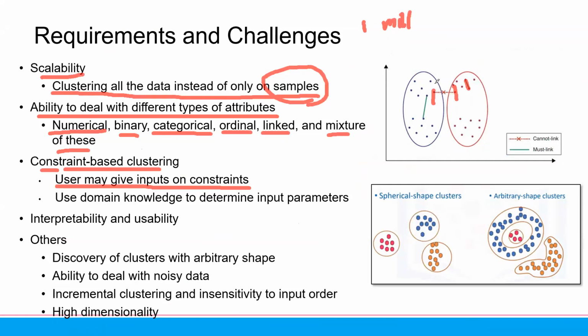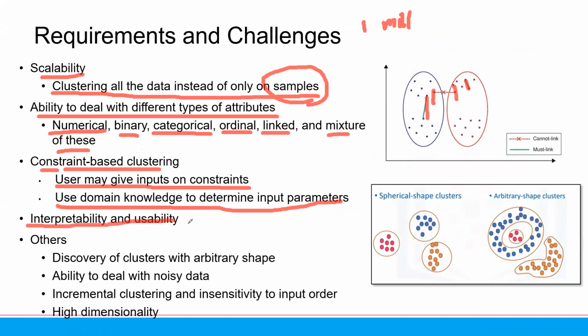So you cannot link on that airplane zone, but you must link to another airplane zone. Use domain knowledge to determine the input parameters. So this belongs to constraint-based clustering.